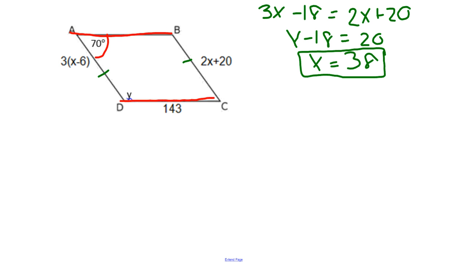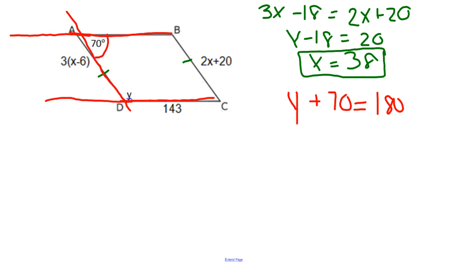So they're parallel lines, and I can extend this out here and look at the picture like we saw the other day of parallel lines cut by a transversal. And what I see is that this angle y and 70 degrees are same side interior angles, which we know means that they're supplementary. So angle y and that 70 degrees have to add up to 180 degrees, which makes y 110.